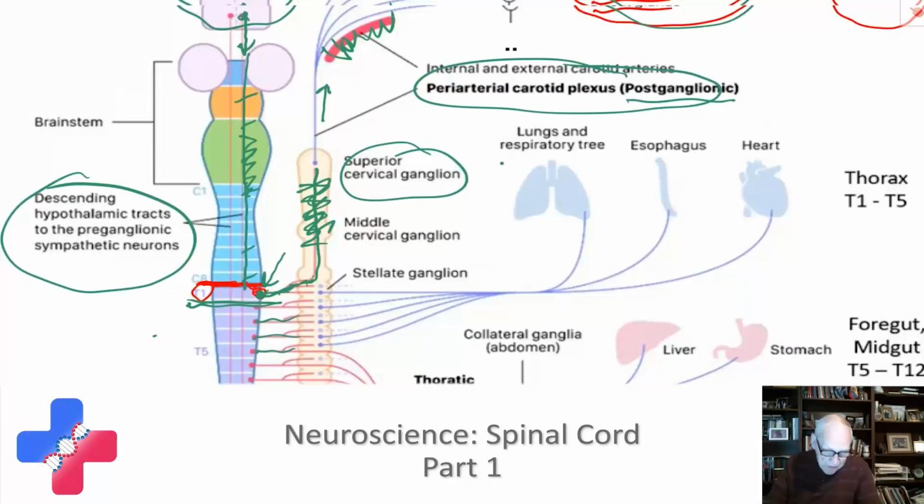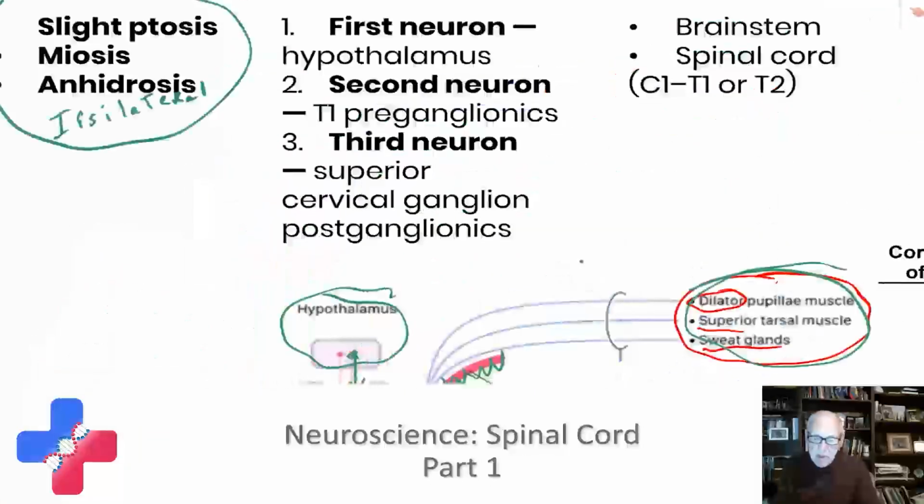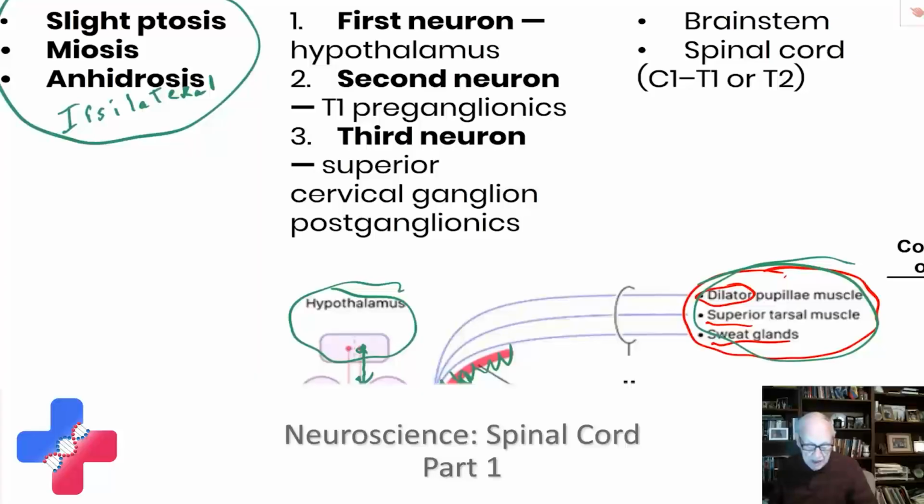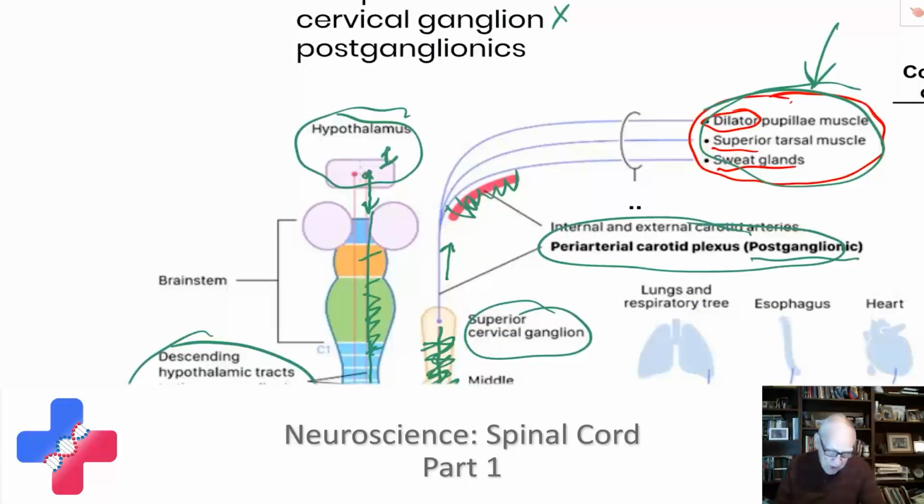So to quickly review, and this is important because it will come back again in the rest of the week. Remember, to get these targets innervated, it's a 3-neuron sequence. The first neuron is hypothalamus. The second neuron is T1, and the third neuron is in the superior cervical ganglion. So again, neuron 1 of this 3-neuron chain begins in the hypothalamus.